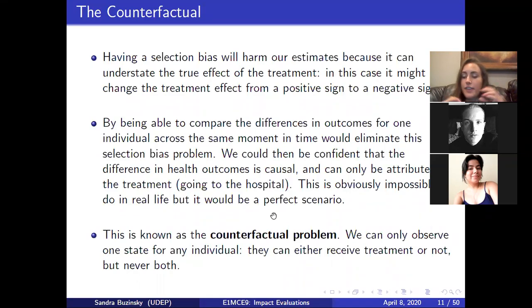Then I know for sure that when I compare the outcomes, those are my two potential outcomes. That's my Y1i and my Y0i. So going to the hospital, not going to the hospital. And we know there's no selection bias because I'm the very same person. But of course, that's impossible, right? So that would be the perfect scenario, but it's impossible.